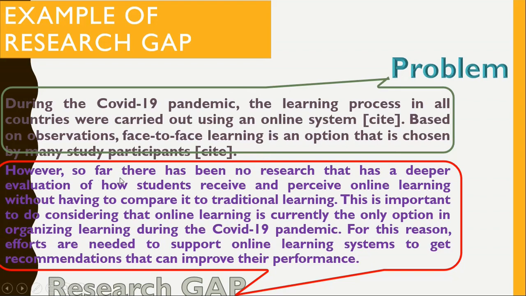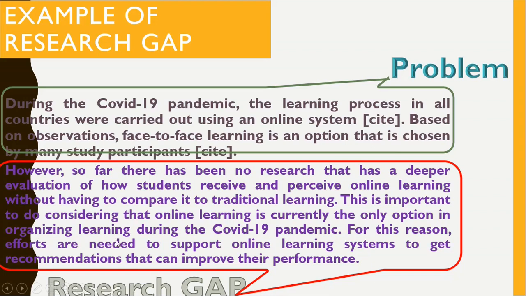However, so far there has been no research that has a deeper evaluation of how students receive and perceive online learning without comparing it to traditional learning. This is important to do considering that online learning is currently the only option in organizing learning during the COVID-19 pandemic.